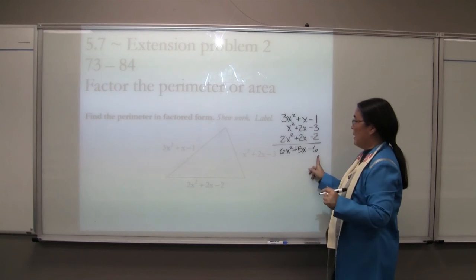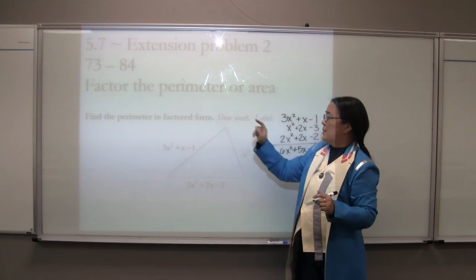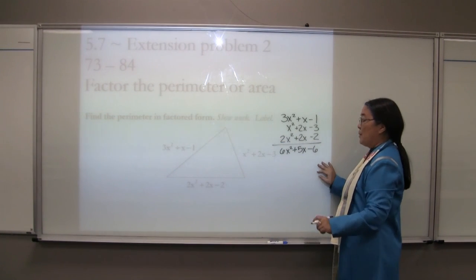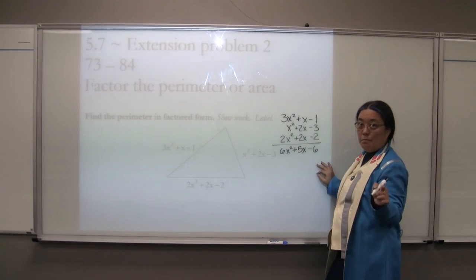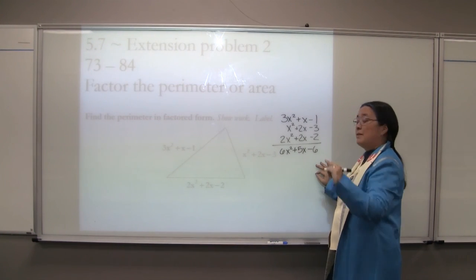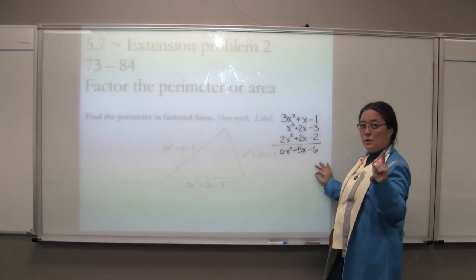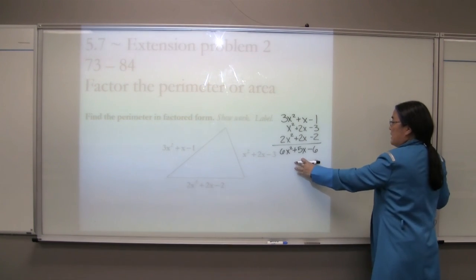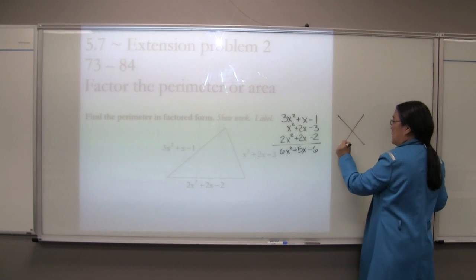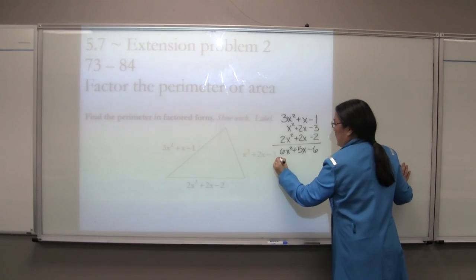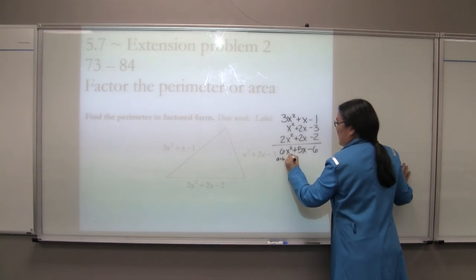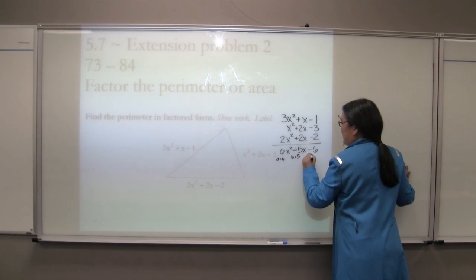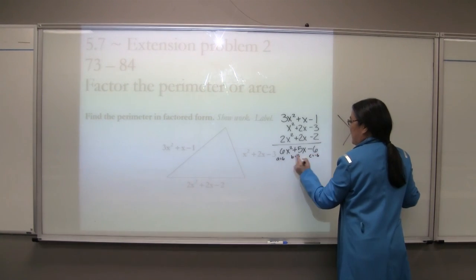It doesn't matter. Now, this says factor the perimeter area. I could check using that b squared minus 4ac to see if it factors, but let me tell you, it's going to factor because it says to factor it. So, I'm going to use my snowflake method. A, B, C, if it helps you. A is 6. B is 5, C is negative 6.